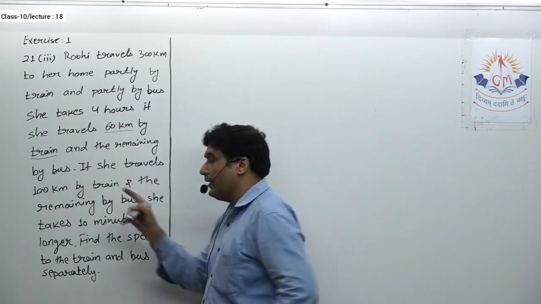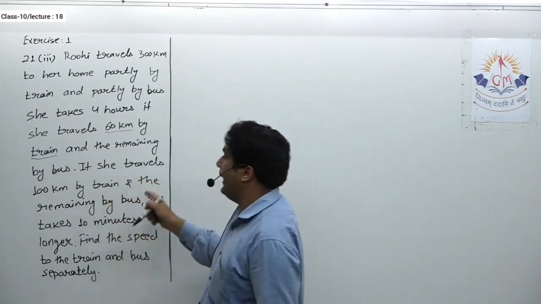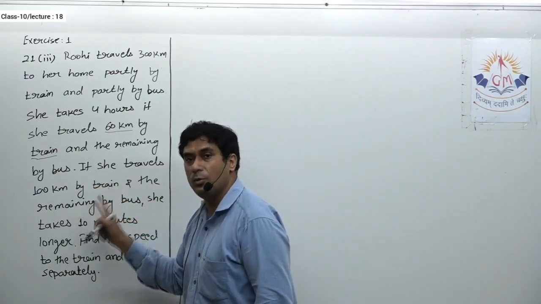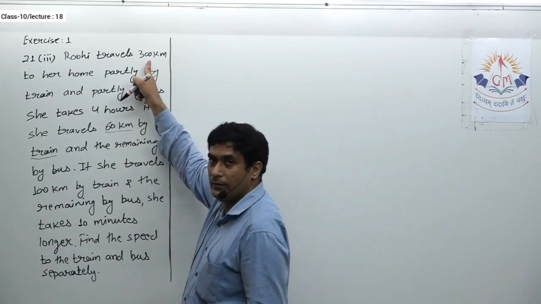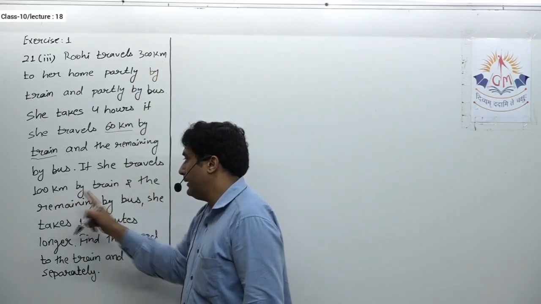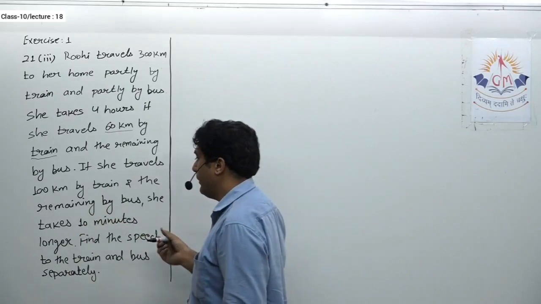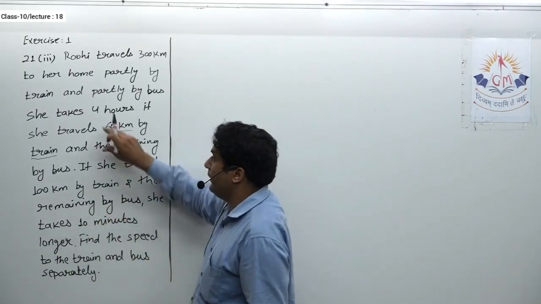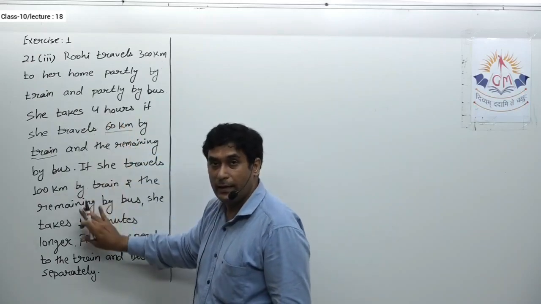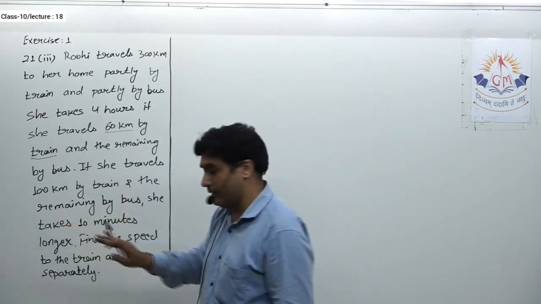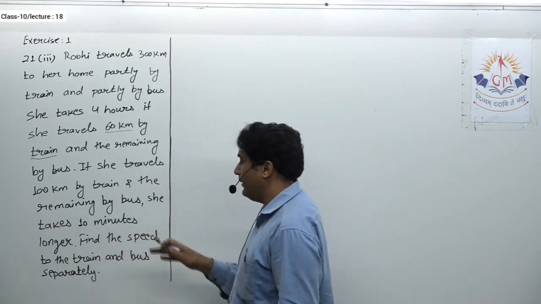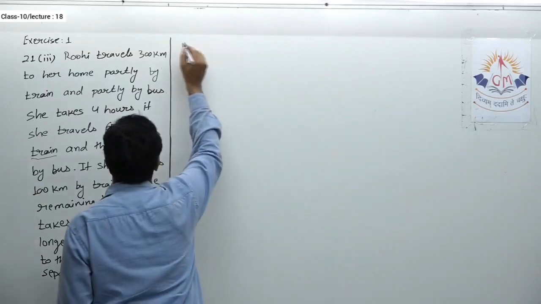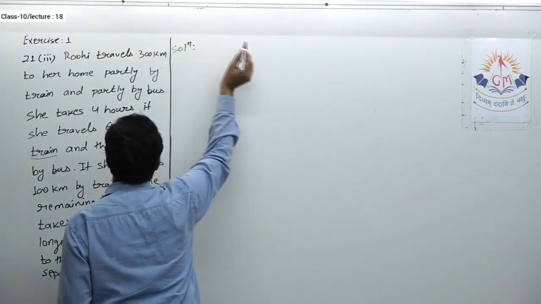Now if she travels 100 kilometers by train and the remaining by bus, that means 100 by train and the remaining will be 200, because in total she has to travel 300 kilometers. Then it takes 10 minutes longer. That means instead of 4 hours, this time it takes 4 hours 10 minutes. So we have to find the speed of the train and the bus separately. Let us start by assuming the speeds.